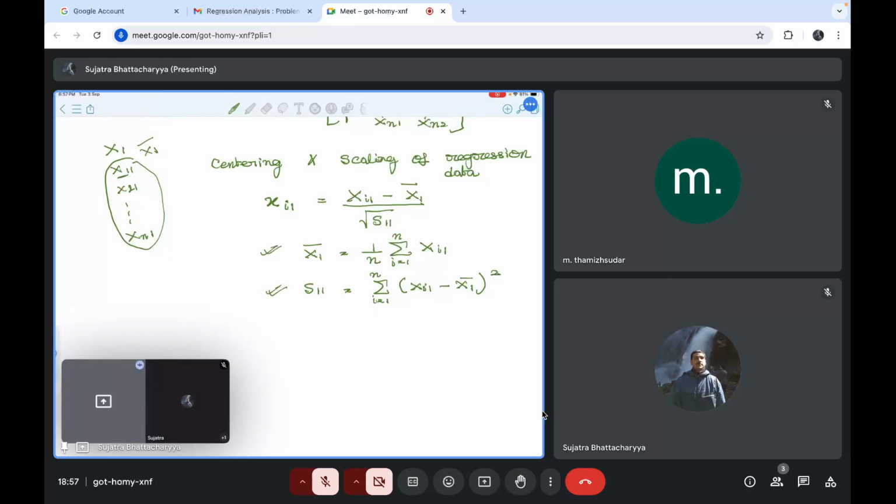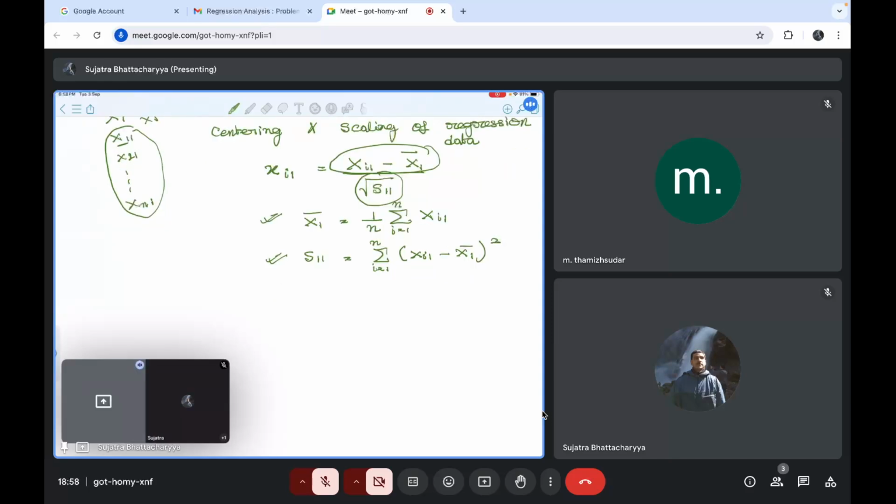So this is your centering, which uses x1 bar, and this is your scaling. This is how each and every regressor variable is written. Similarly, xi2, the second regressor, can be written as the actual xi2 minus x2 bar divided by root over S22.